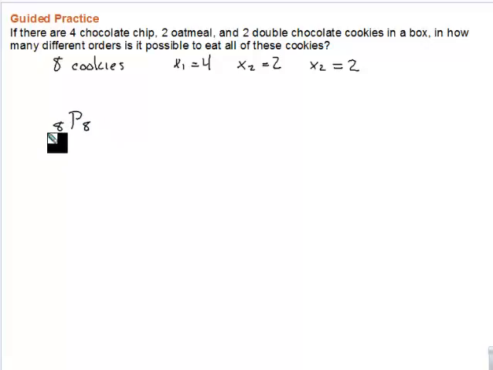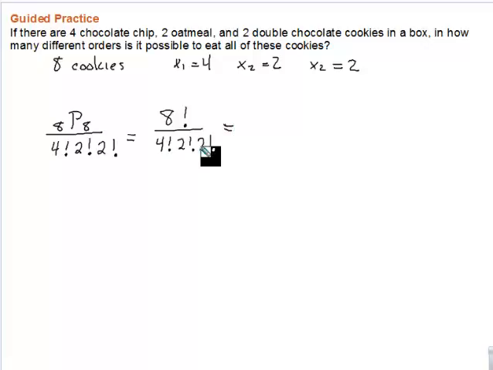Eat 2 chocolate chips, 1 oatmeal, 1 double chocolate, all together, like mushed up all together. Okay, so we've got our 8 factorial over 4 factorial times 2 factorial times 2 factorial.